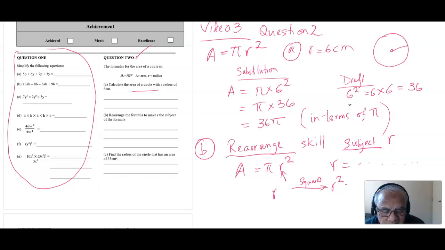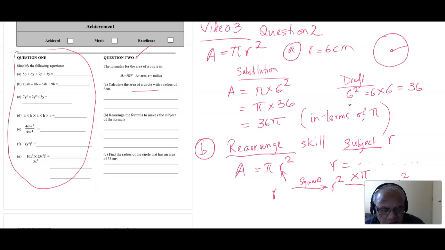And then what did I do? That story goes on. I multiplied that by pi. That gave me pi times r squared, which is equivalent to the area. Pi r squared is the area.